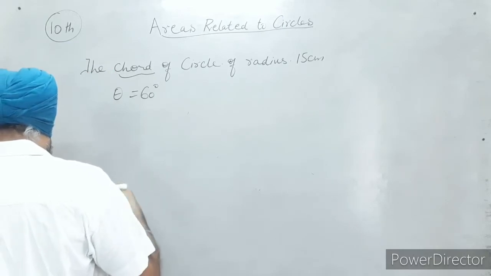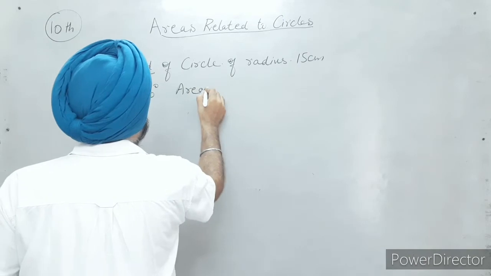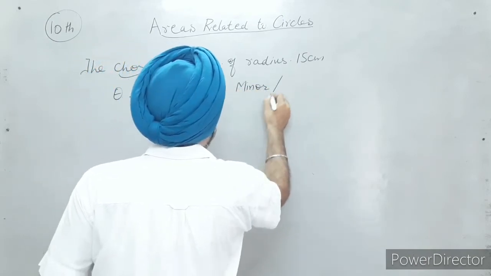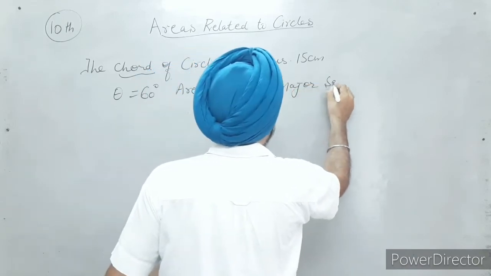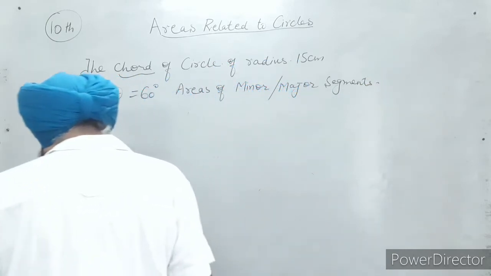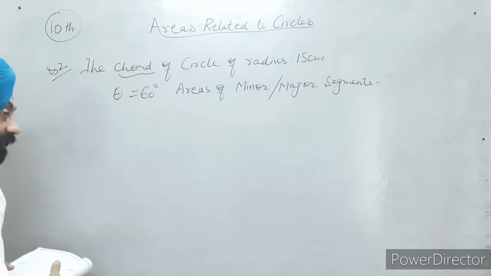Find the areas of the corresponding minor and major segments. I need areas of minor and major segments of the circle. This is question number 2 of today's lecture, right?